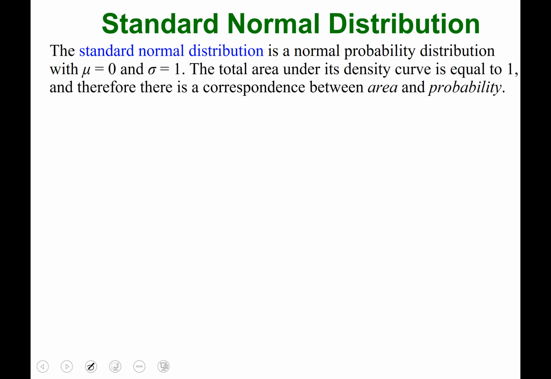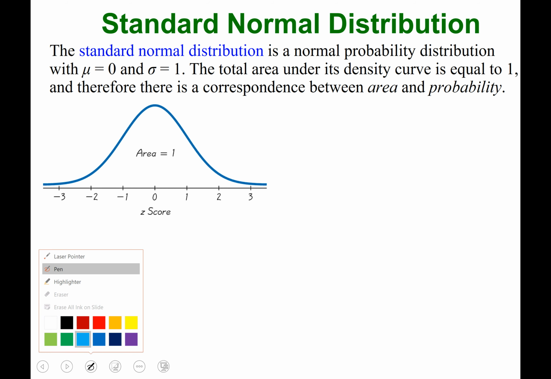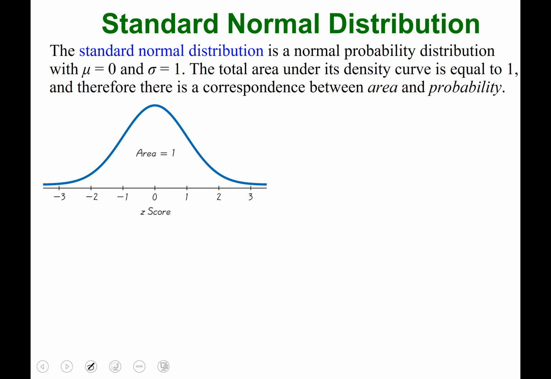Standard normal distribution, on the other hand, takes on the shape of a bell-shaped curve like this. So if we were asked to find the area or the probability that a randomly selected data value is greater than 2, for example, here's our vertical line, and our shading would go like this.